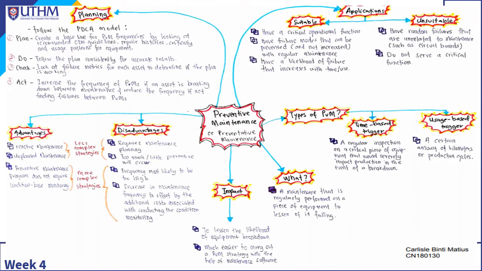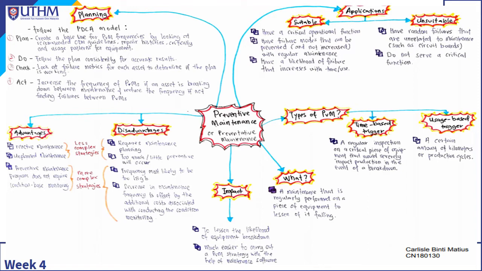So next is the preventive maintenance or preventative maintenance. So what is preventive maintenance? It is maintenance that is regularly performed on a piece of equipment to lessen the chance of it failing. Okay, so what are the types of preventive maintenance?